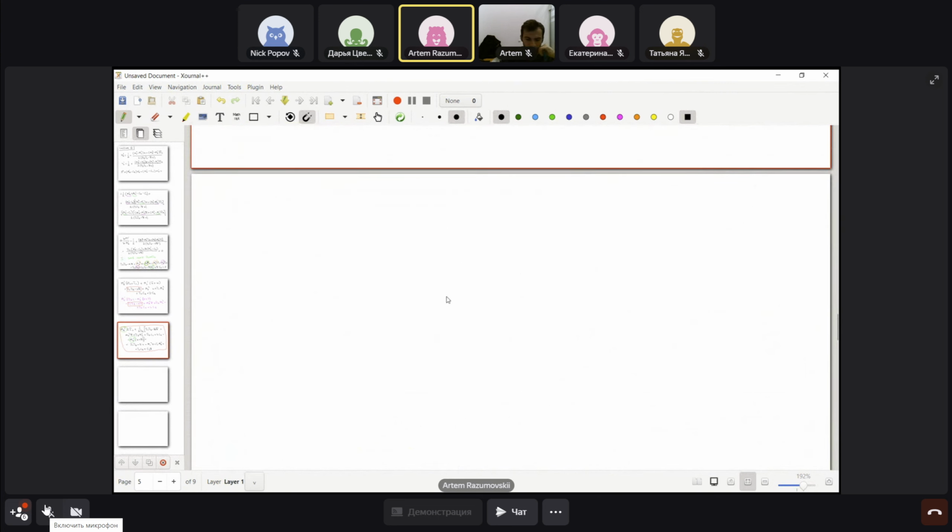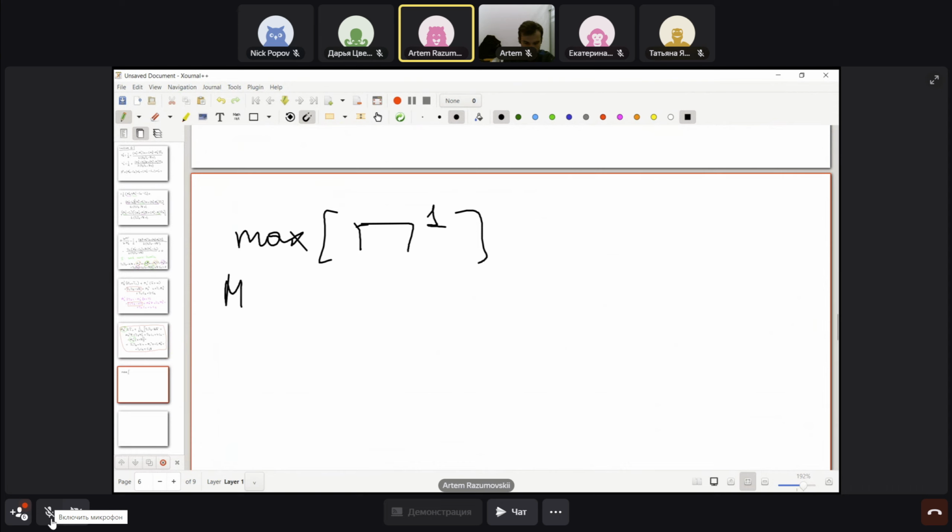Okay, maybe let me write it once again. So we have the profit maximization problem. So we maximize the profit of firm 1. So we use already P, so it's a big P of firm 1, with respect to price for sellers and price for buyers.